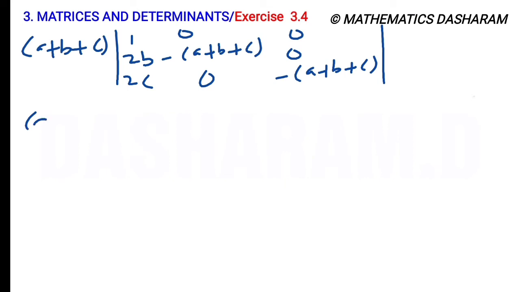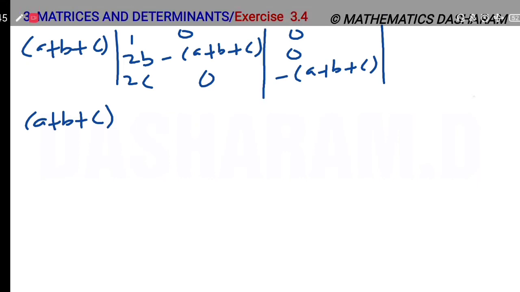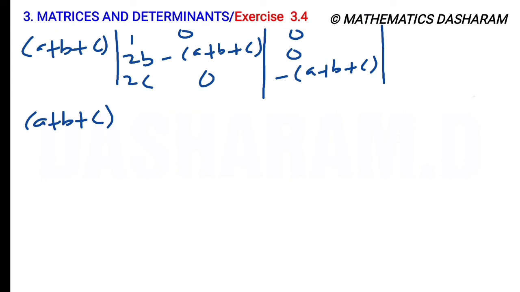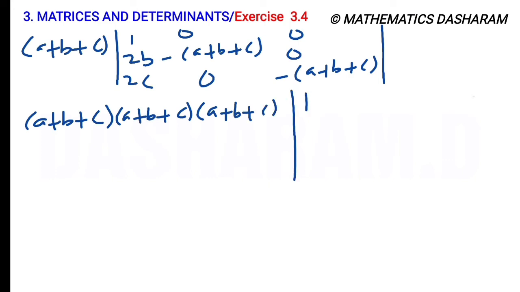So it is equal to A plus B plus C. From the second column we can take A plus B plus C common, and from the third column also the same, A plus B plus C common. So that means we are going to take A plus B plus C common 2 times. So 1, 2B, 2C. Next here 0, and here minus 1 because A plus B plus C is common, 0. Next, third column 0, 0, minus 1.